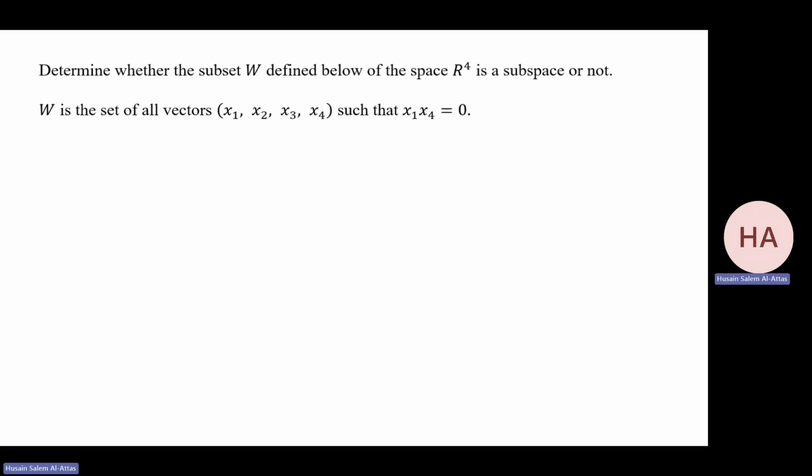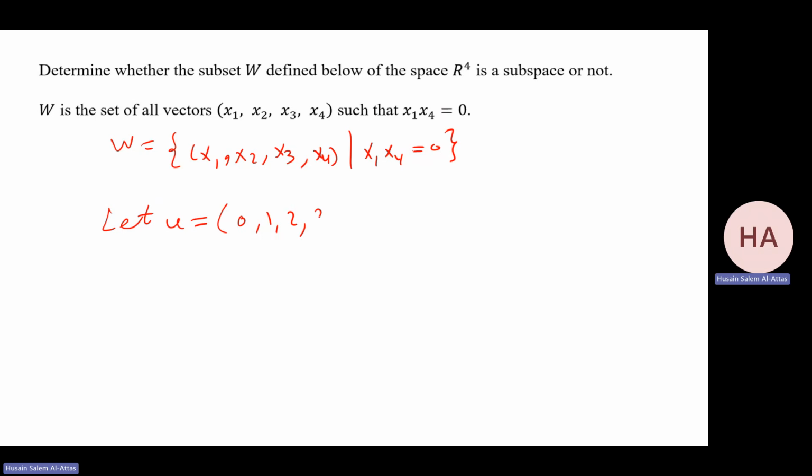Determine this set: x1 times x4 is equal to 0. So I have this set where the first component times the fourth component, you multiply them, I'm getting 0. Is this set a subspace or not? Let's check. I think that it's not. Why? Let U, for example, be 0, 1, 2, and 3. So 0 times 3 is 0.